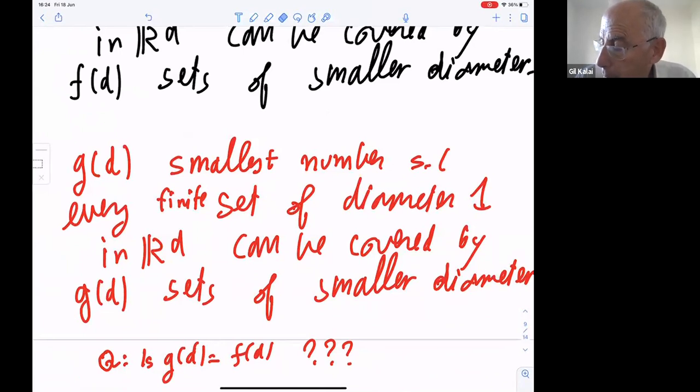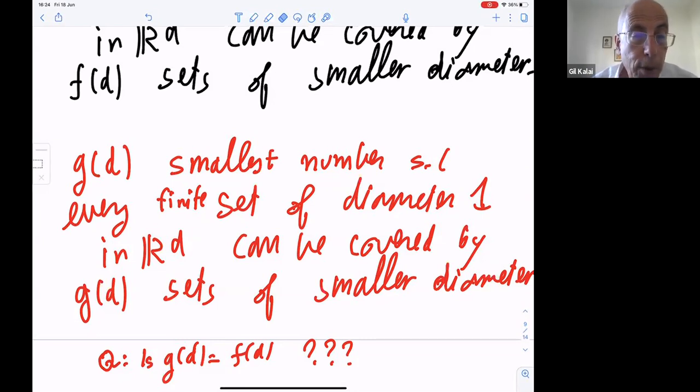It's not known whether F of D is equal to G of D. From time to time, people send me proofs that these two numbers are the same, using arguments like compactness, something like that, but usually these proofs are incorrect. Although I tend to be convinced, eventually they don't work.